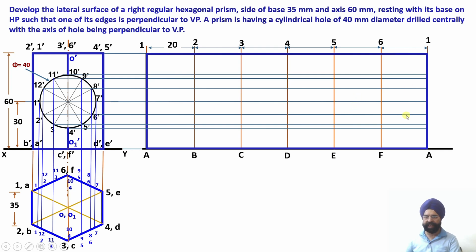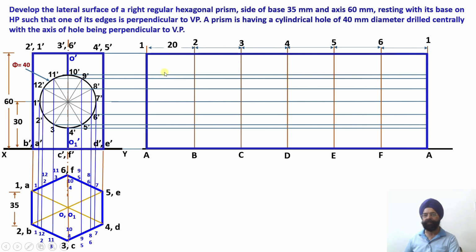Whereas this face is again cut by this circular hole. Which points are lying between 6 and A, or 6 and 1? This semicircle will contain points 11, 3, 12, 2 and 1, whereas points 4 and 10 will be contained by this.